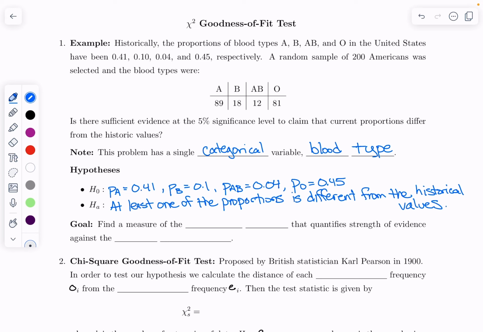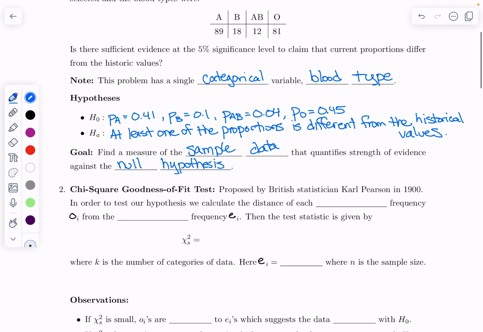So our goal is to find a measure of the sample data that quantifies the strength of evidence against the null hypothesis. So we need to find a statistic and then be able to run a test to quantify that strength of evidence against the null hypothesis. And so that test is going to be the chi-square goodness of fit test, proposed by the British statistician Karl Pearson in 1900.